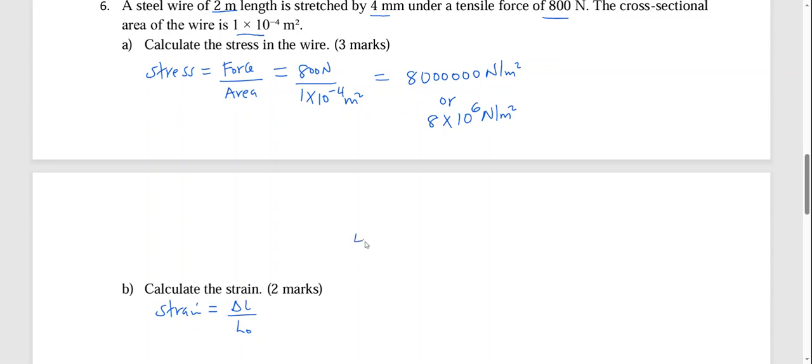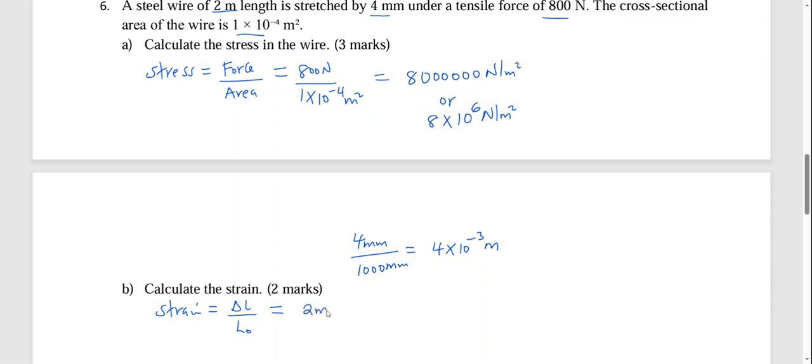Therefore, we convert the 4 millimeters into meters by dividing with 1000 millimeters. This gives us 4 times 10 raised to negative 3 meters. Now our change in length is 4 times 10 raised to negative 3 meters, and the original length is 2 meters.